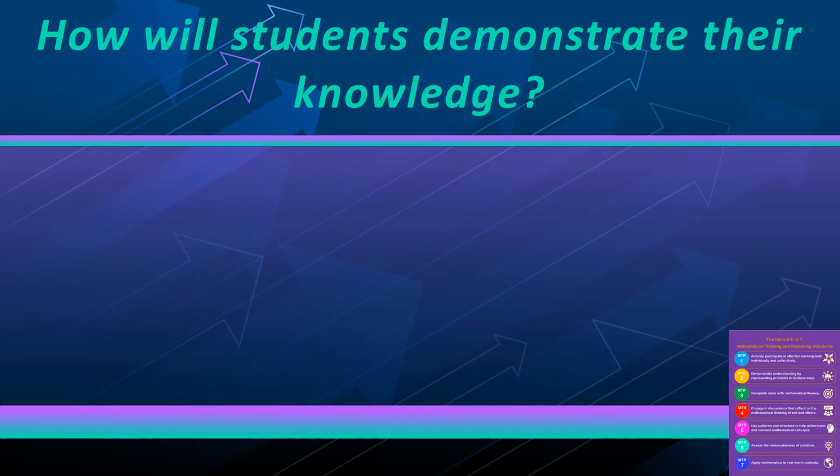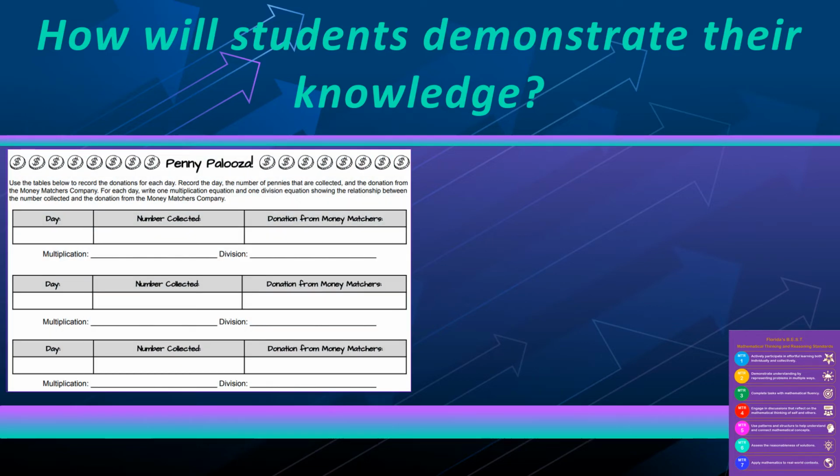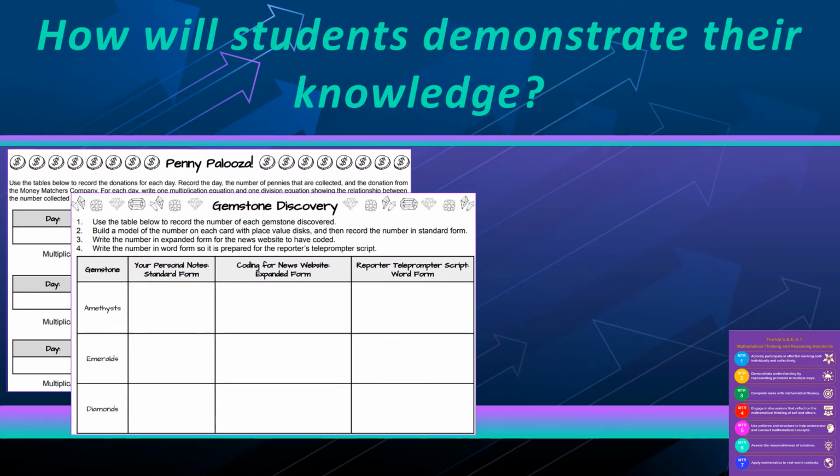So how will students demonstrate their knowledge? Here are some examples of what you might see in this fourth grade place value unit. We have Penny Palooza, a task where they're looking at donations from money matchers and comparing 10 times greater or 10 times less relationships using that task. We also have gemstone discovery, where you're going to have different amounts of gems, and they're going to represent it in standard, expanded, and word form.